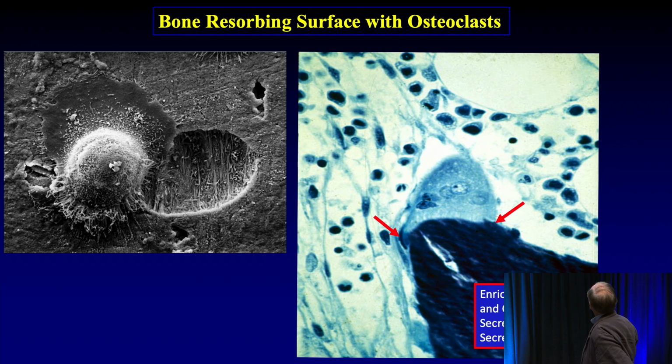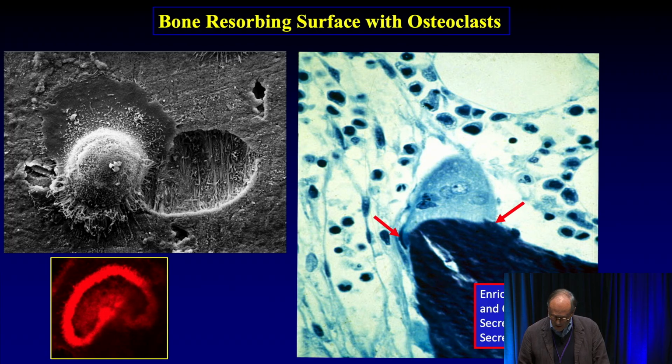Actually, it acidifies this extracellular environment. And by doing that, what it is capable of doing is to resorb very efficiently the bone, the mineralized bone matrix. And this shows the seal that the cell is forming under its belly in order to secrete enzymes and acid within closed environments.